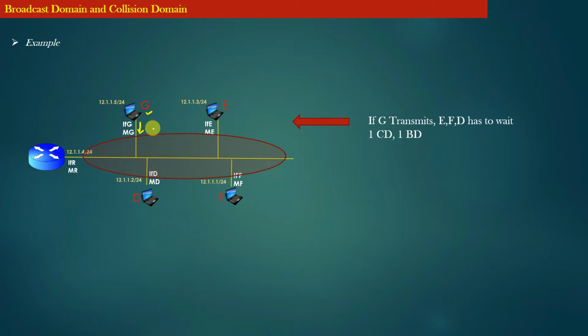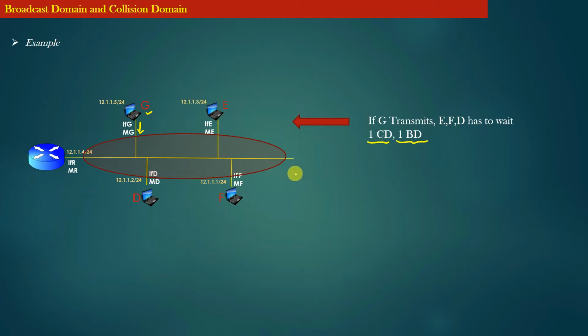It means that when machine G transmits a frame on the physical wire, no other machine connected to the same physical wire is allowed to transmit a frame on this physical wire. So it means that the collision domain of host machine G is the entire physical wire. So in this topology, for host machine G, there is one collision domain and there is one broadcast domain. And in fact, for this topology, the collision domain is the same as the broadcast domain.